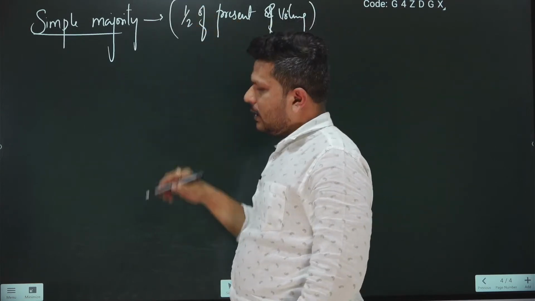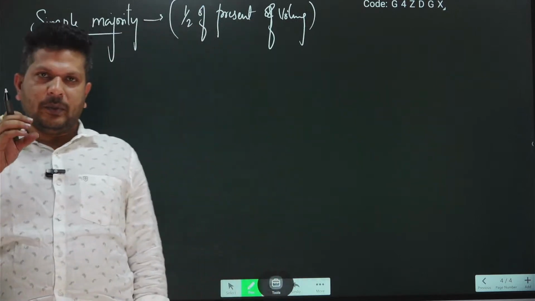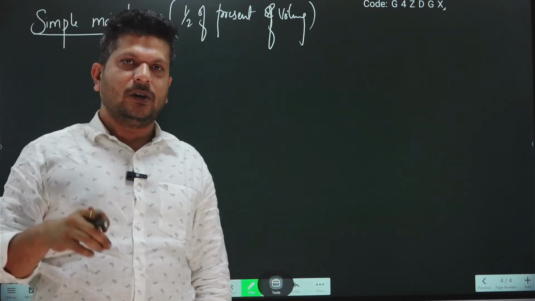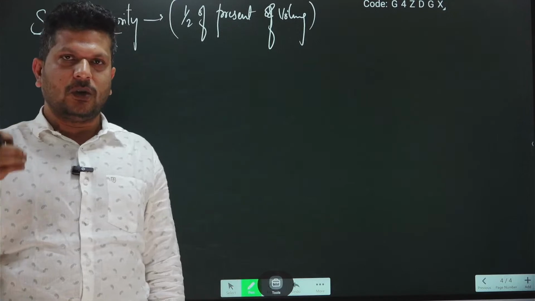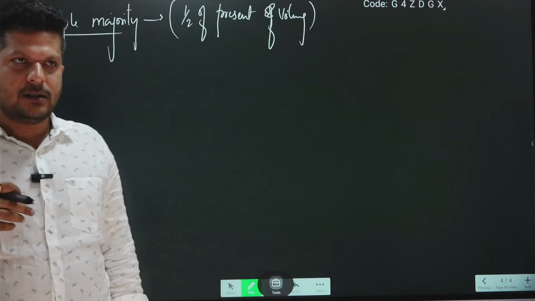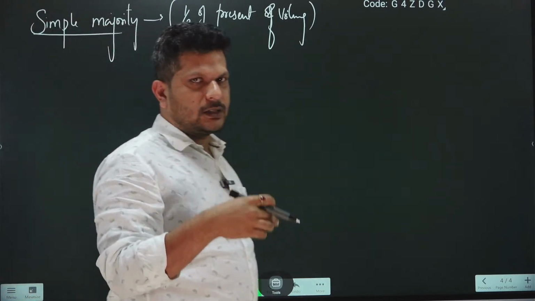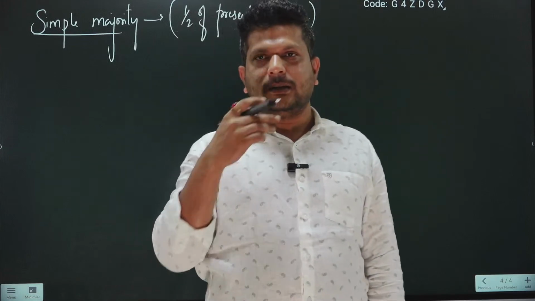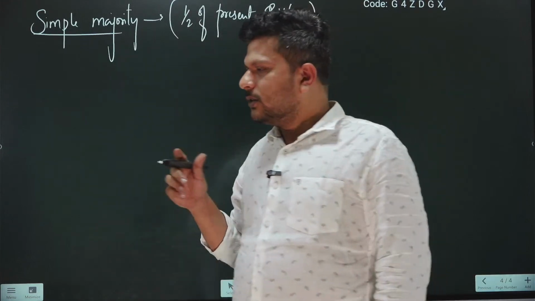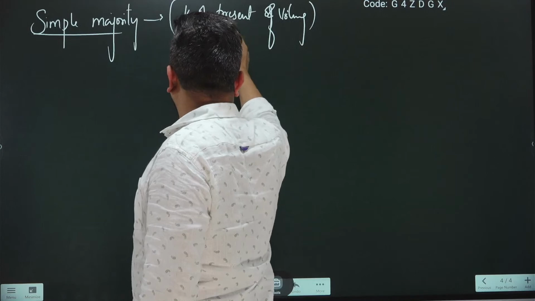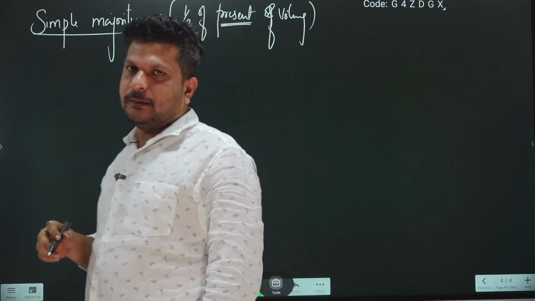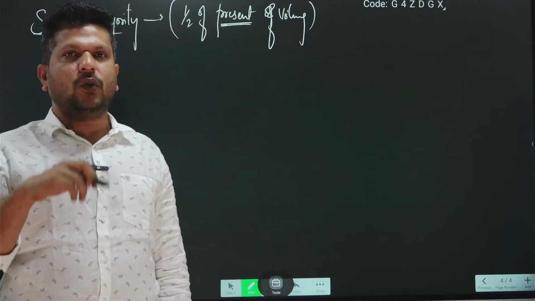So whatever membership we have in Lok Sabha and Rajya Sabha, suppose 545 seats in Lok Sabha and 245 seats in Rajya Sabha, it is half of the present and voting, not the total membership.